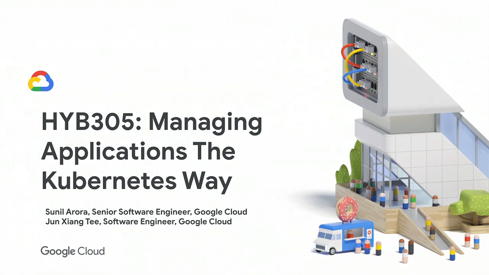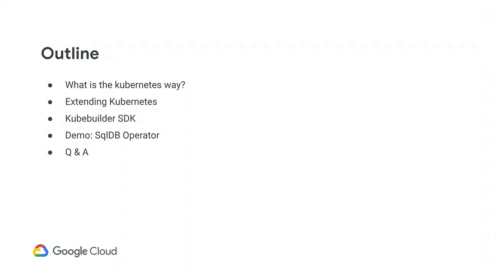So the way we have structured our talk today is first, we'll be going over some of the Kubernetes basics, some of the core patterns that we use to write built-in APIs and controllers. And then we'll be looking at some of the ways to extend Kubernetes, specifically focusing on API extensibility.